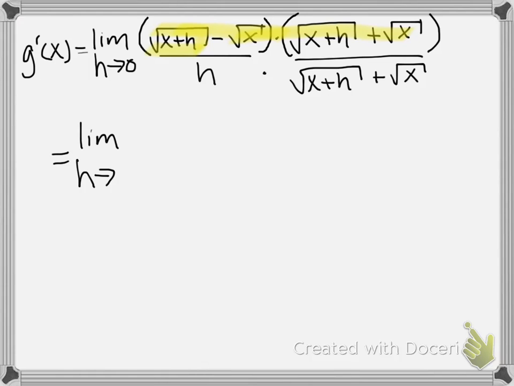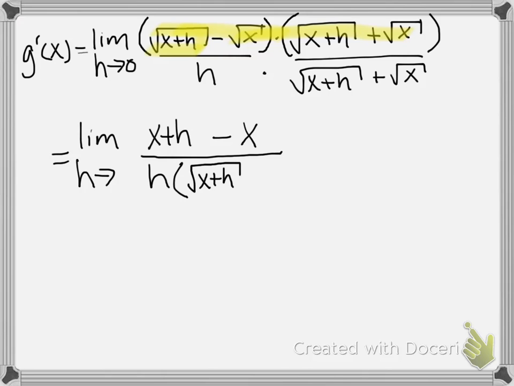And like I said, our first term, we're just going to get that minus our last term, and all of that is going to be over h times the square root of x plus h plus the square root of x, because we're just multiplying straight across.